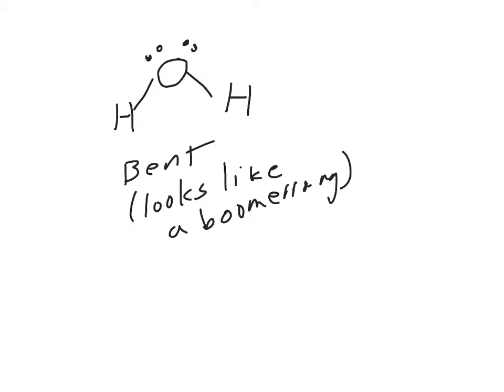It looks like a bent boomerang. And what happens is, you have these hydrogens with a partial positive charge and the oxygen with a partial negative charge, resulting from the two covalent bonds at play here. When we look at partial positive and partial negative charges in the context of molecules, we like to add up the direction the electrons are going.